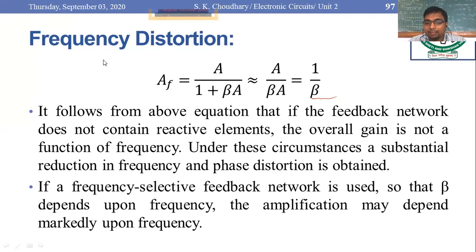So in this case, your gain would depend on the frequency, and there would be a significant decrease in the frequency distortion. In this way, we come to the conclusion that when you apply negative feedback, your frequency distortion would be decreased with respect to an amplifier which does not have any feedback network.